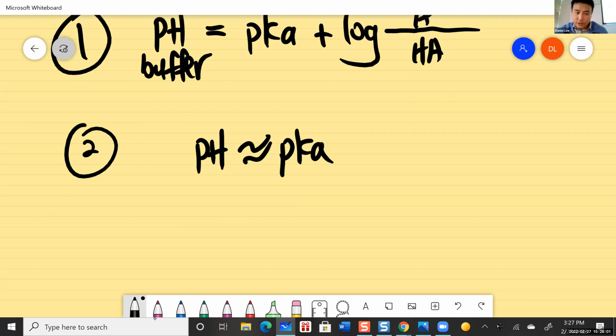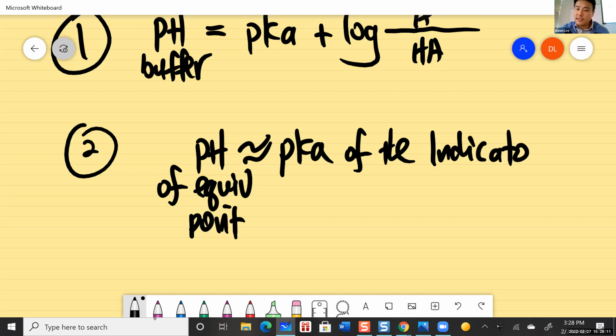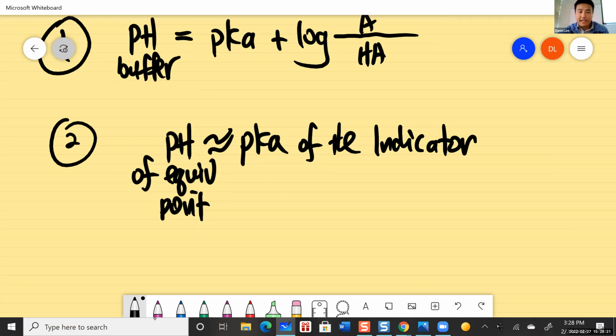This is the pH of the equivalence point, and this is the pKa of the indicator to choose. You want the pKa of the indicator to be as close as possible to the pH at the equivalence. This is a fact.